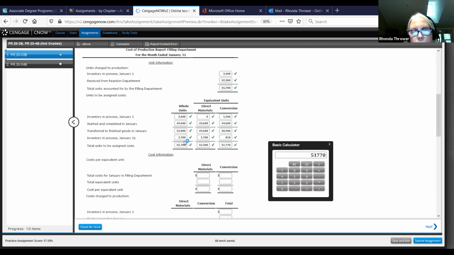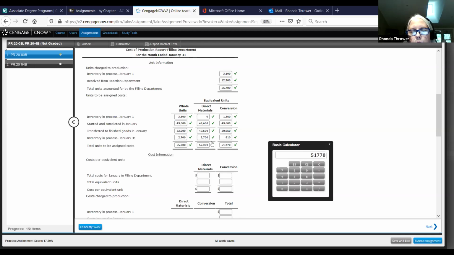The ending inventory was also given to you. When you combine what you transferred with your ending inventory, you're going to add these two together. It'll give you the total units to be assigned cost, which has to reconcile back to this number right here. So there's a system of checks and balances with this cost of production report.